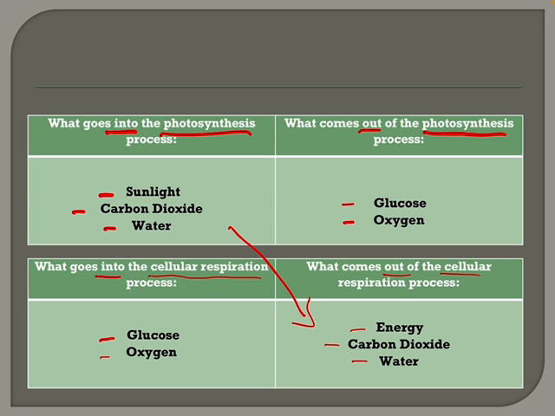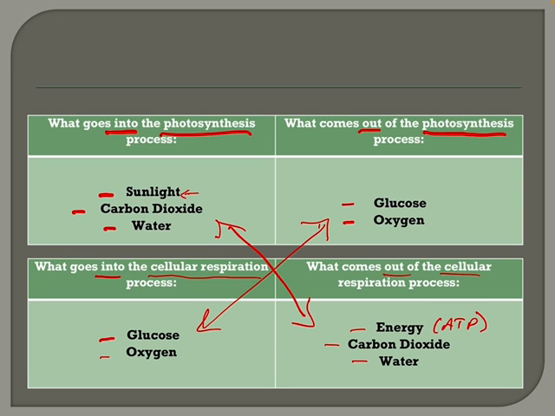So if you look, they are, again, opposites, right? They are just flipped. The only difference, again, is that here is energy as ATP, while this energy over here is from sunlight. Okay? So just another chart to help you remember the products and the reactants. But again, you do need to know the formula itself.